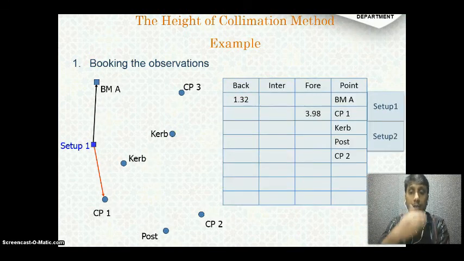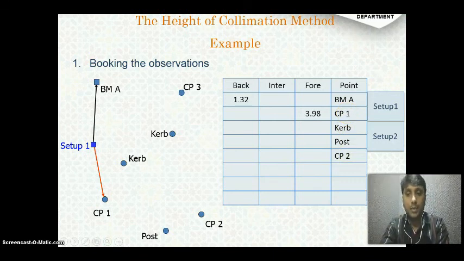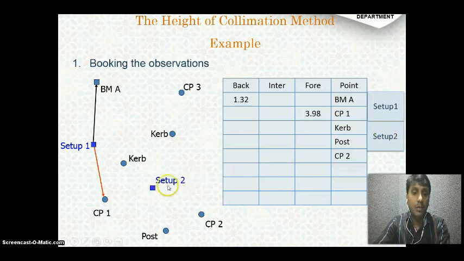Now the instrument has been changed to setup 2. From setup 2, it was sighted to curb, post, CP2 as well as CP1. So when you change to setup 2, the first step is to look back to CP1. Where is CP1? See, here you have CP1.